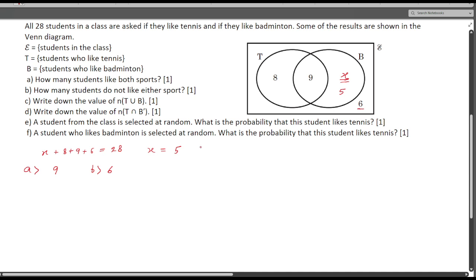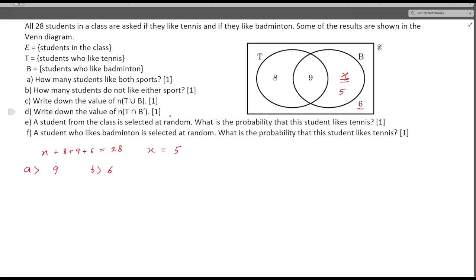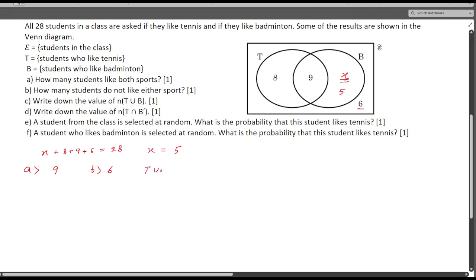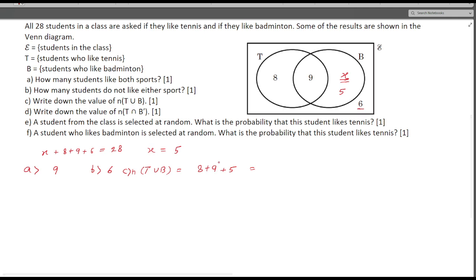Write down the value of number of T union B. So T union B will be equal to 8 plus 9 plus 5. Which is 8 plus 9, 17, 17 plus 5 is 23.